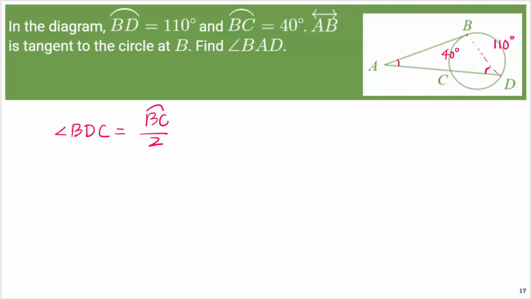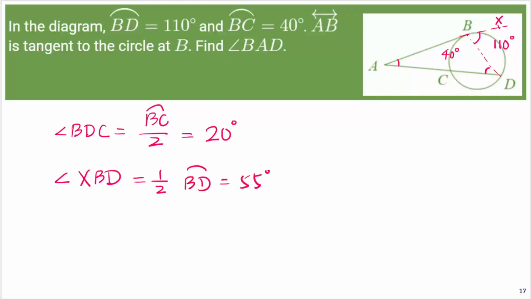That's 1/2 of the arc BC, which is 20 degrees, right? And we also have angle XBD. So let's call X some point on the line here. Angle XBD is also an inscribed angle of the arc BD, right? So that's 1/2 of the arc BD, which gives us 55 degrees, right?